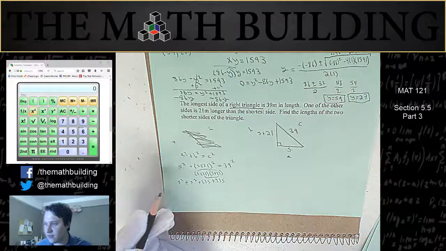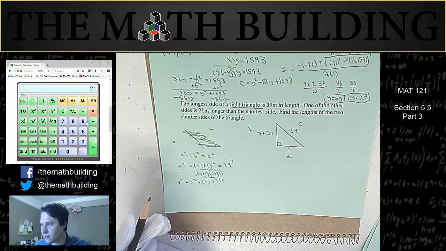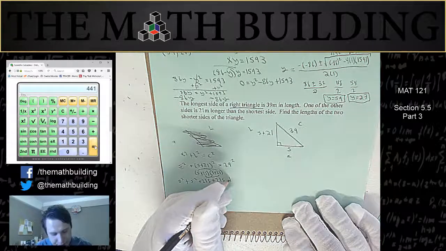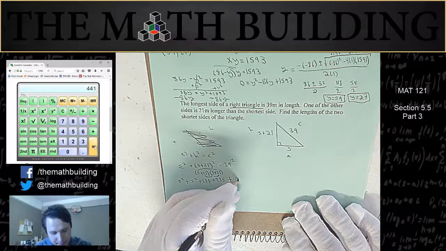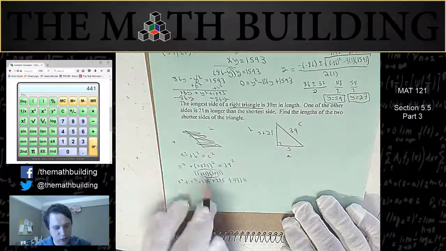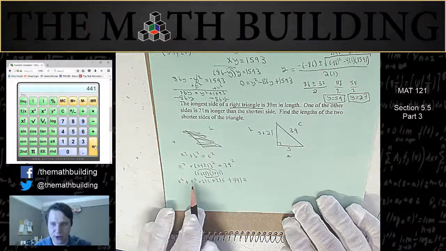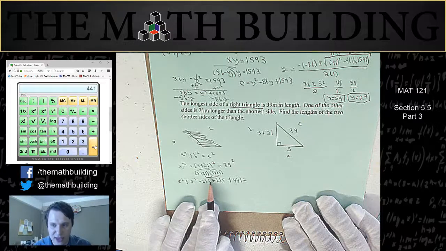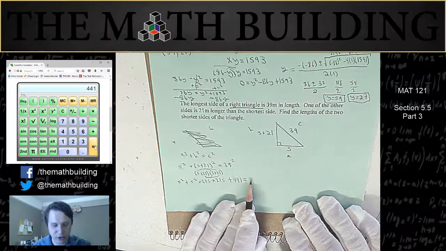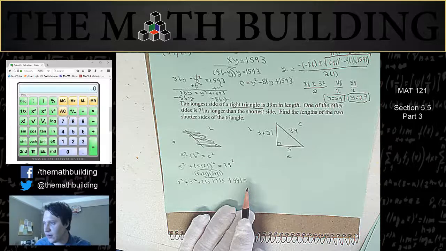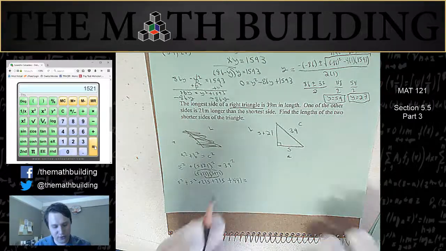And 21 times 21 is 441. So all I did was FOIL that, which gave me s squared plus 21s plus 21s plus 441. That's equal to 39 squared, so 39 times 39 is equal to 1521.